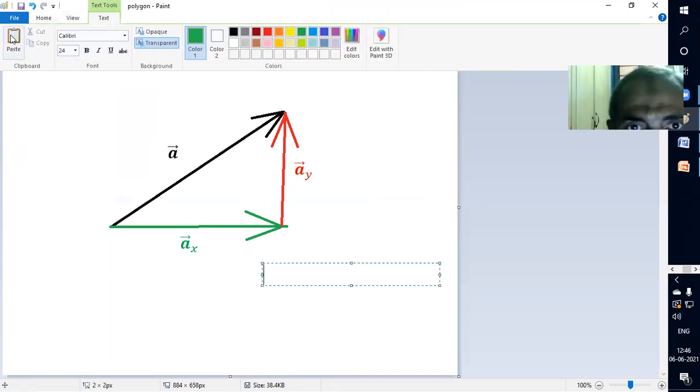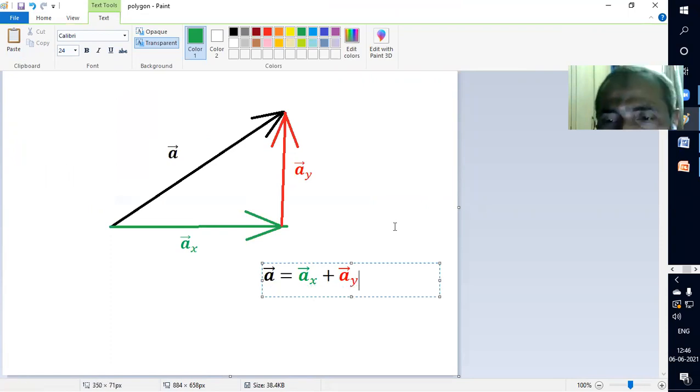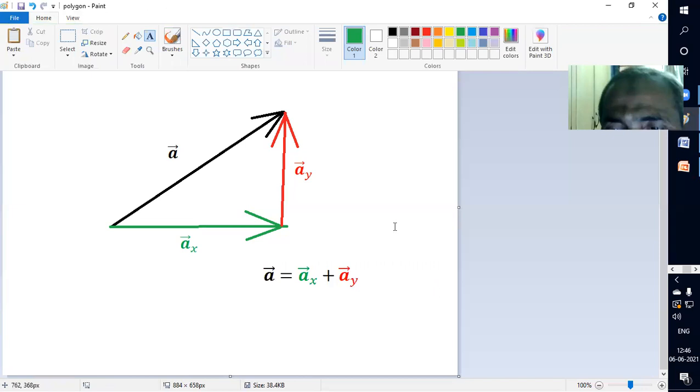Now, according to the triangle law of vector addition, you can write the mathematical equation like this, where vector A is equal to vector A X plus vector A Y. See, blindly we cannot write any equation. This equation is being written according to the law of addition of vectors using triangle.